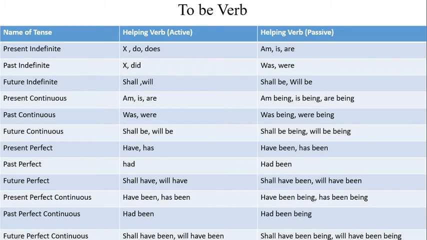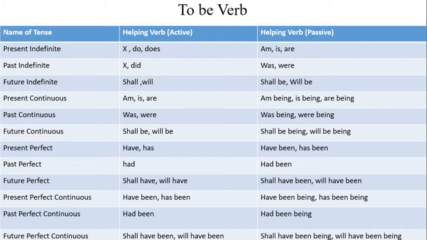In past indefinite tense, the passive verb is formed with was/were plus past participle form of verb. In future indefinite tense, the passive verb is shall be/will be plus past participle form of verb.